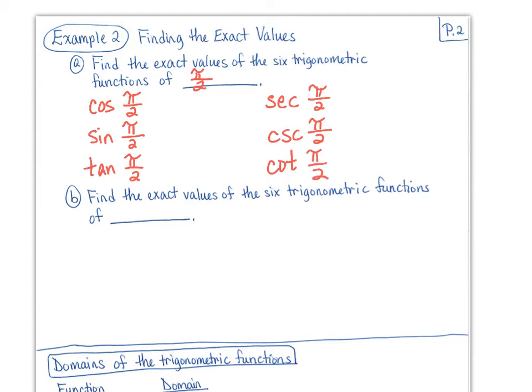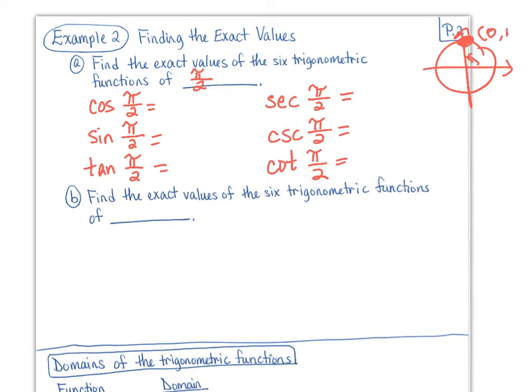You do not need a calculator for this. Remember your unit circle here, and pi halves is created by that angle, and you have this point here. This point is what? What point is that? 0, 1.